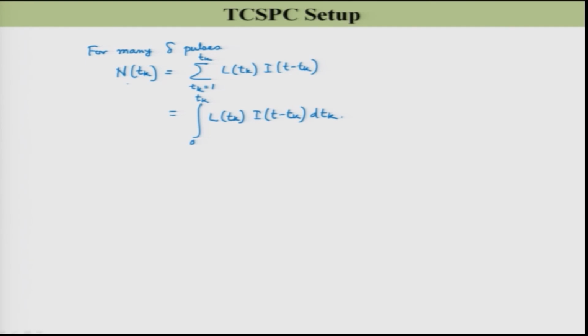Okay. Now, this L(Tk) is my lamp profile. That means, this is nothing but what I said, here is my one delta pulse, here is my another delta pulse, another like that, right. This is T0, T1, T2 and so on, that is what I said.